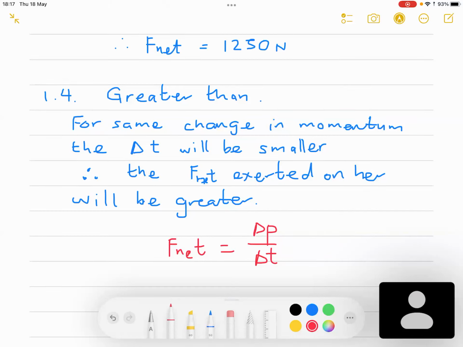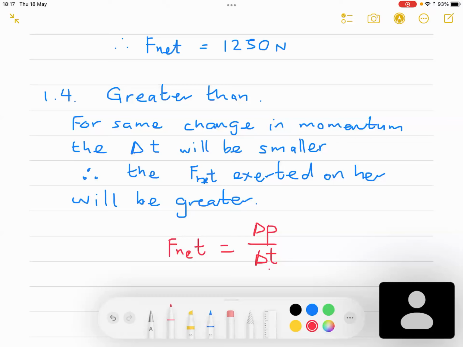So if the time is smaller, then the net force is going to be greater. So if she lands without bending her knees, then delta T is going to be smaller and the net force on her will be greater. Okay, I hope that's a little bit better.